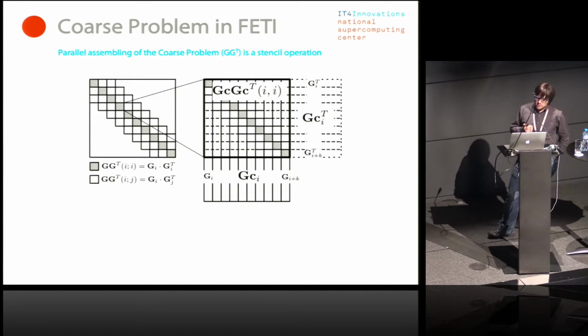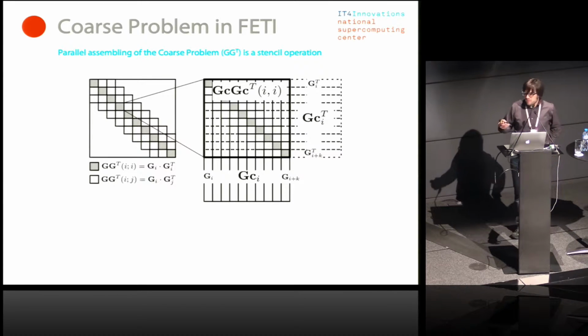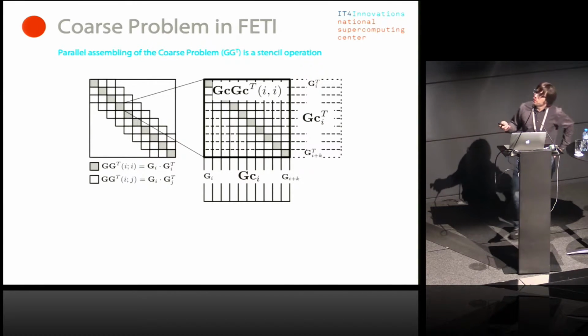The first one is to assemble the Coarse problem. The Coarse problem is a global object, but it can be assembled in a nearest neighbor fashion. You really need just to extend the natural Coarse matrices between the neighbors, and the neighbors can calculate these blocks of the coarse problem. The gray block, in the case of linear elasticity in 3D, would be a 6 by 6 matrix, 6 rigid body modes by 6 rigid body modes.